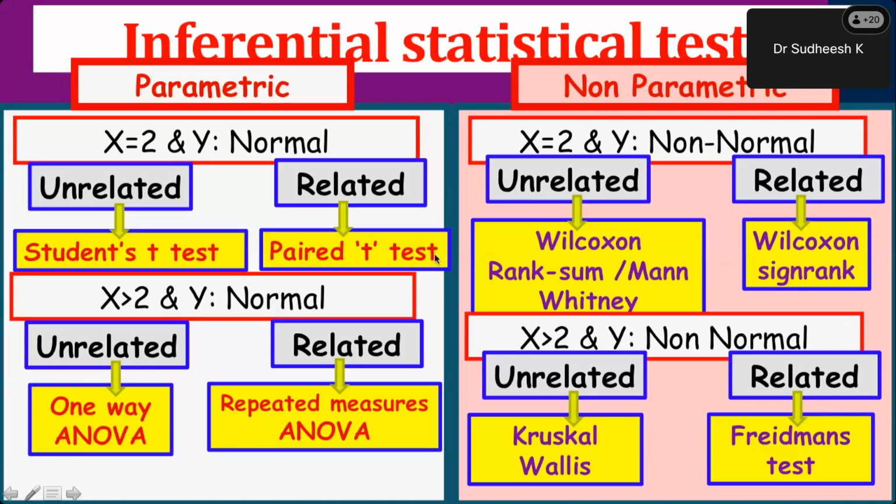So again, for non-parametric tests, you apply Mann-Whitney, Wilcoxon signed-rank, Kruskal-Wallis and Friedman, whereas one-way ANOVA and repeated measures ANOVA are for parametric, normally distributed data.